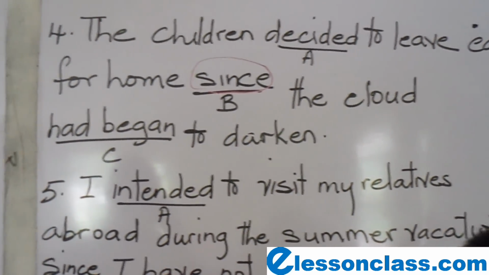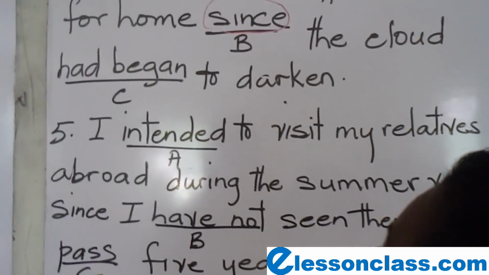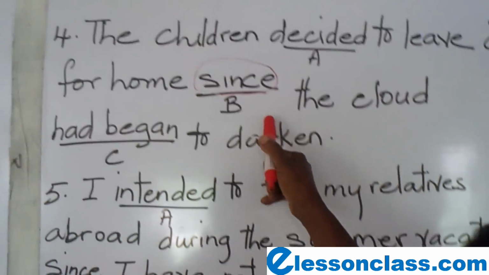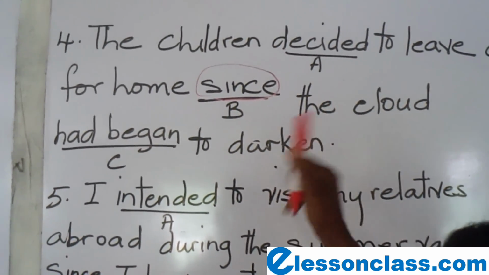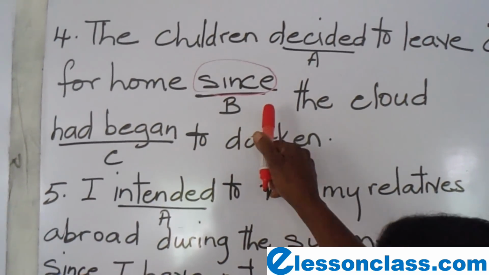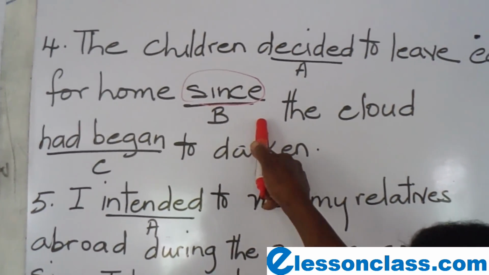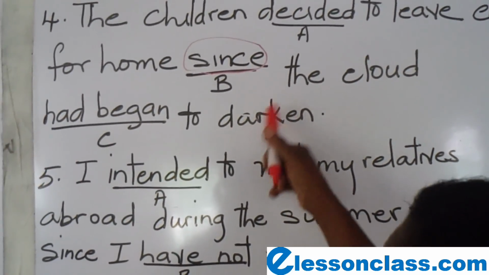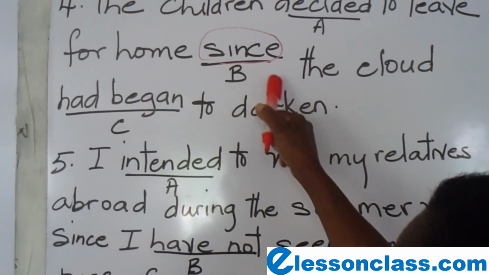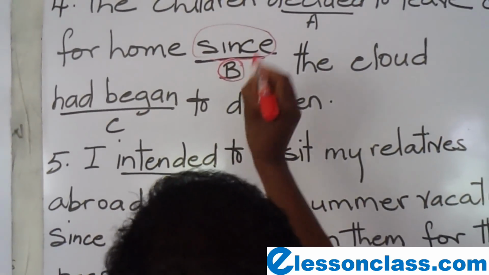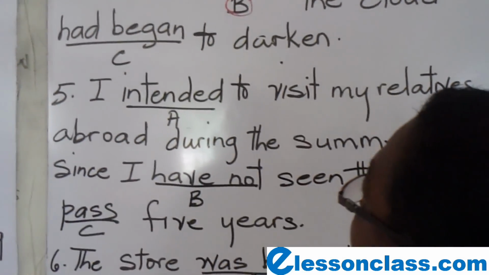Since last week, since yesterday, since last year. So I think it is the wrong use of the word here. I would have said, the children decided to leave early for home because the cloud had begun to darken. Alright? So since here is normally used to refer to time, so we have the wrong use of the word, so we would shade B.